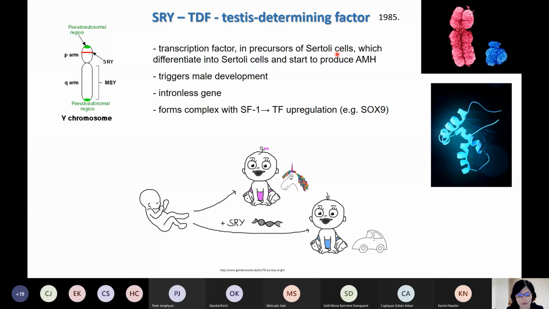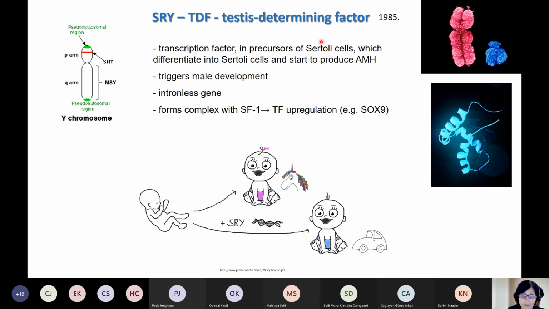If the somatic support cells do not express SRY and do not have the TDF, they cannot become Sertoli cells. They will become the ovarian follicular cells. So this is why I've said that this is the key factor.